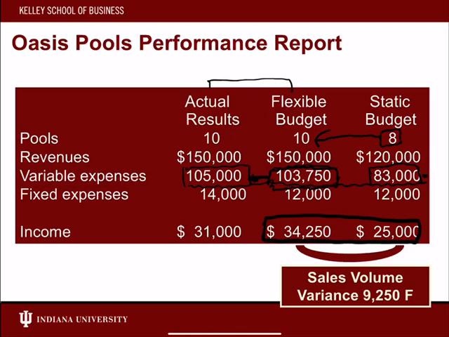So when we flex our budget to account for 2 more units, well, that's the increase in sales volume. So all we did was flex our budget to account for the change in sales volume, and that resulted in about $9,200 more of income. So that's a favorable variance.